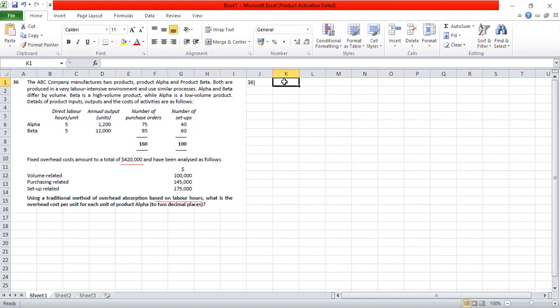The method we are following is traditional costing. The products are alpha, then we have beta. Direct labor hours per unit is given.